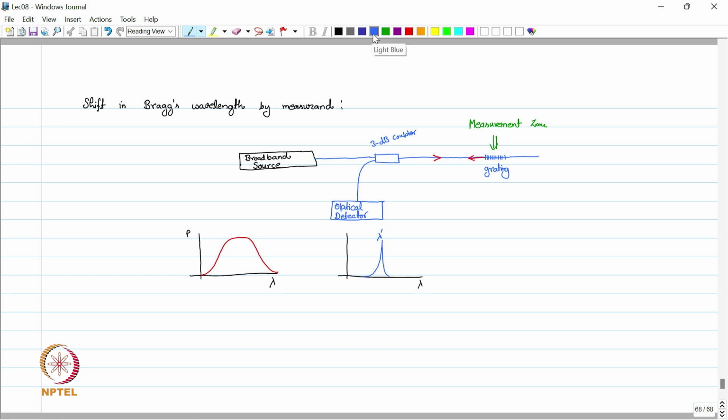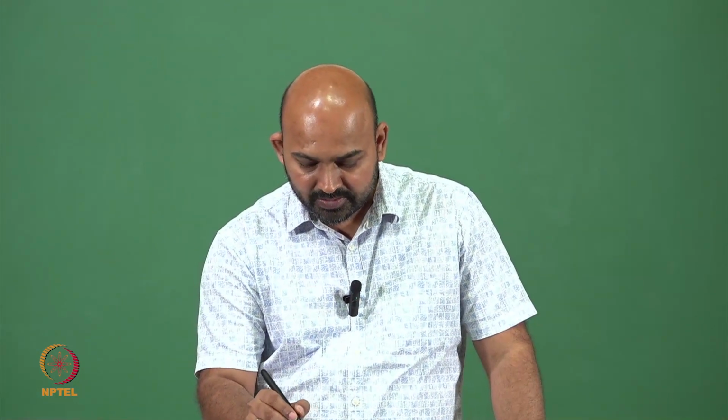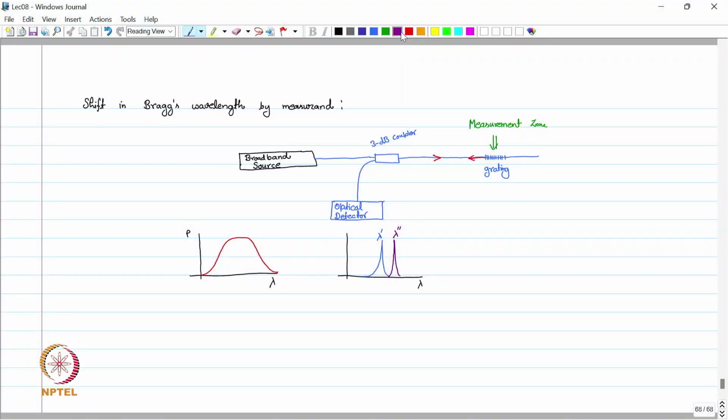Because of that, this wavelength will shift, and the new wavelength is, let's say, lambda double dash. So there is a difference between the reflected wavelengths, and this difference in the wavelength is dependent on the temperature we apply in the measurement zone. This is the received signal by the optical photo detector.